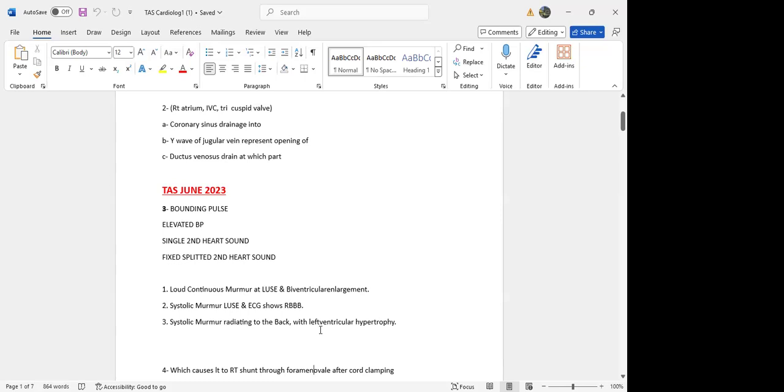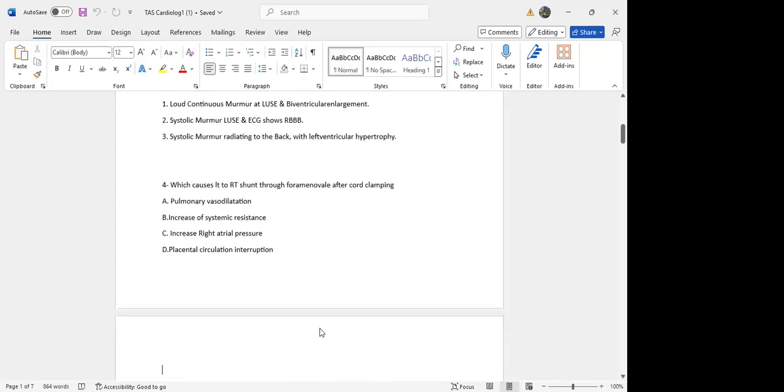Okay, the PS murmur also radiates to the back, but pulmonary stenosis would be associated with right ventricular hypertrophy. So this is not PS, this is coarctation of the aorta because it is associated with left ventricular hypertrophy.